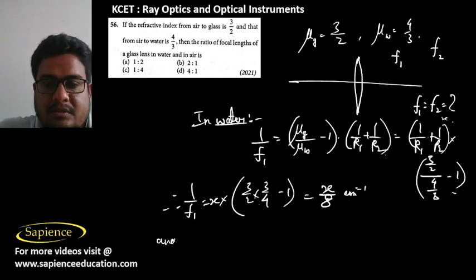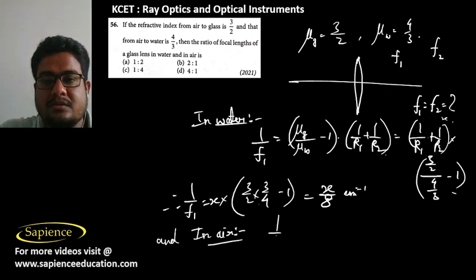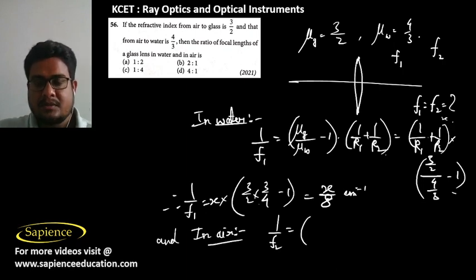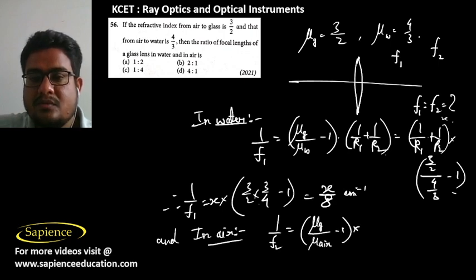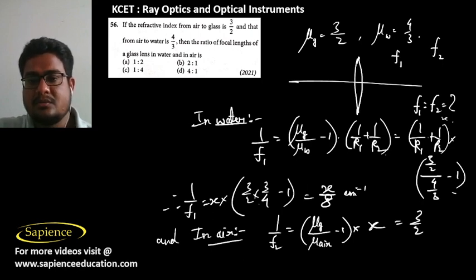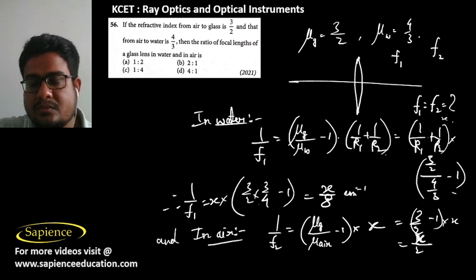And similarly, in air, the focal length of the lens is 1 by f2. The refractive index of glass by refractive index of air minus 1, into 1 by r1 plus 1 by r2, that is x. This will be 3 by 2 minus 1, so it will be equal to x by 2.